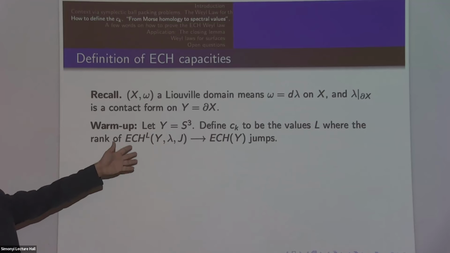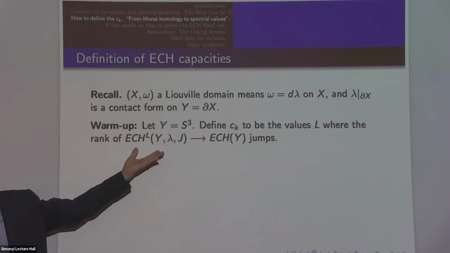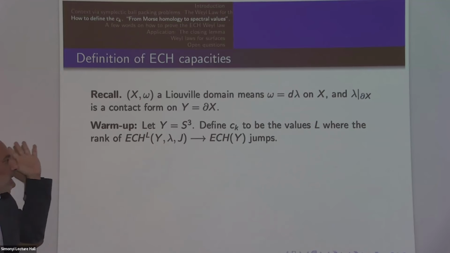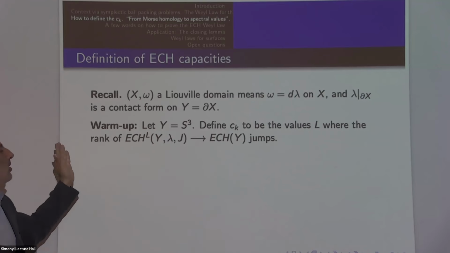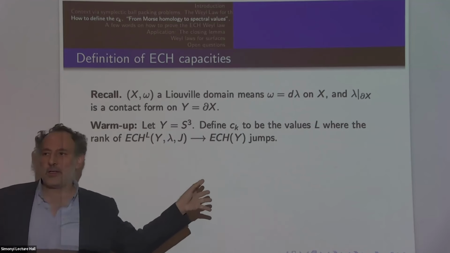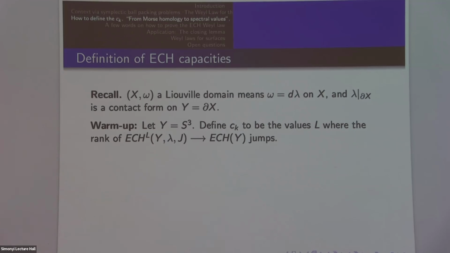When L is a negative number, this is just going to be empty. There are no orbits at all. When L is infinity, I'm going to get the full thing. So I just look at the values of L where the rank of the image of this map jumps, and I get a sequence of numbers, and those are the CKs in the case where the boundary is a 3-sphere.